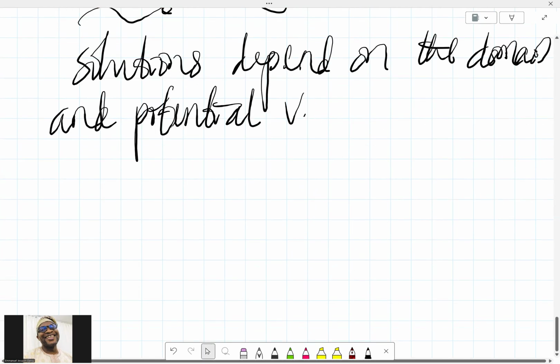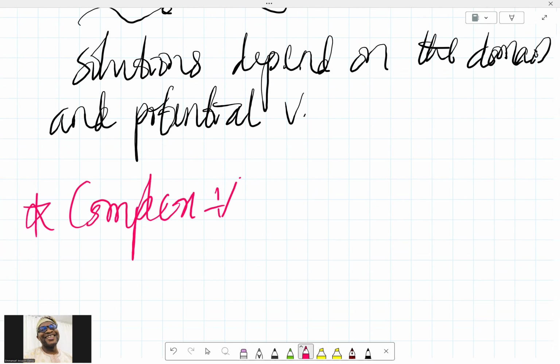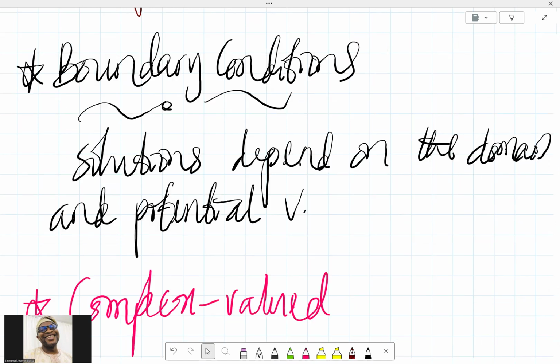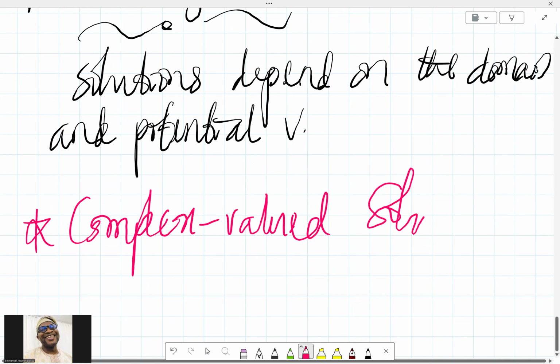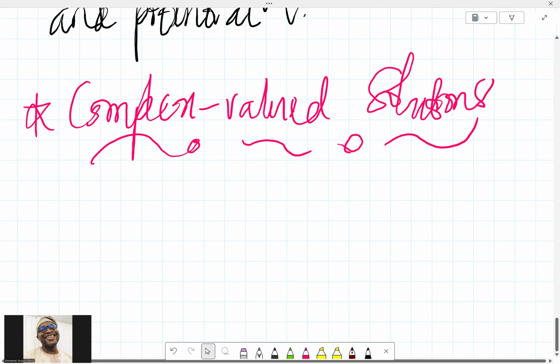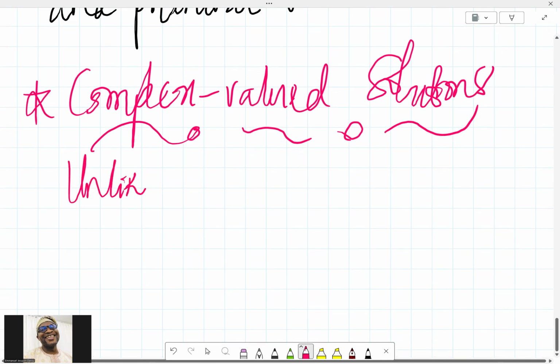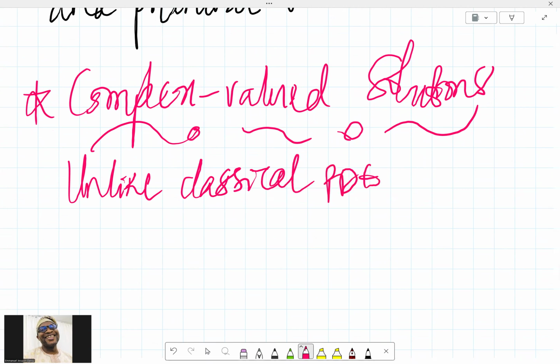Then we have complex valued solutions. Unlike classical PDEs, e.g., we've talked about all this a lot, heat equation, wave equation, and all that.